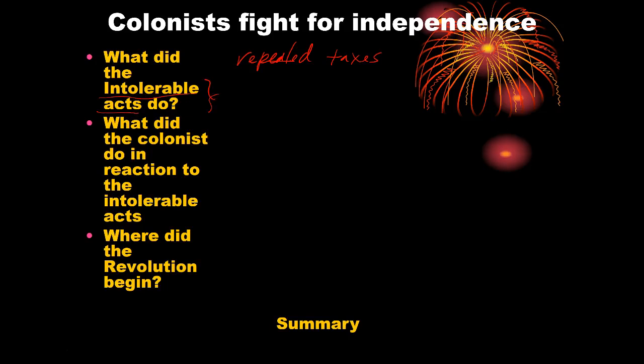And the Intolerable Acts were, well, intolerable. That means people could not put up with them. The Intolerable Acts were essentially designed, once again, to ensure that the colonists kept in line. The colonists disliked the Intolerable Acts.